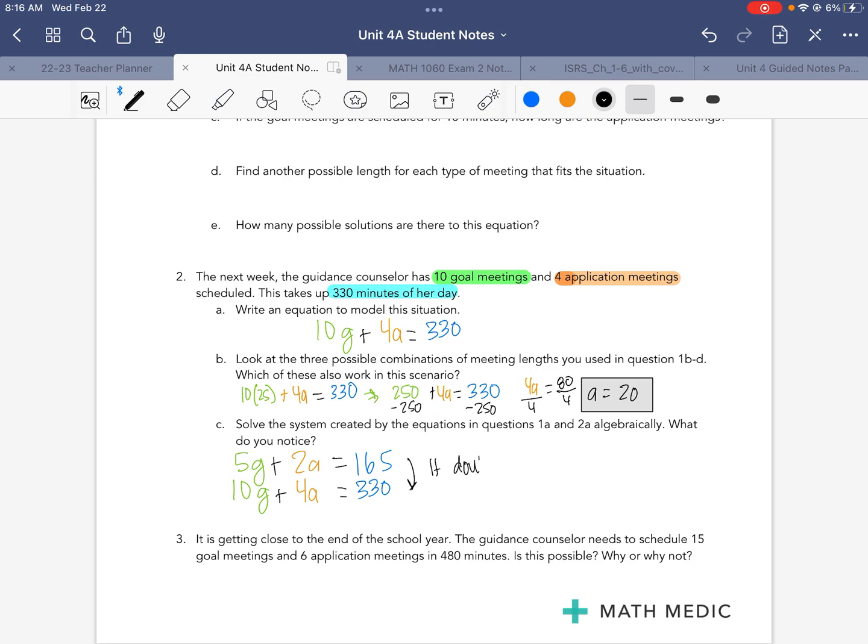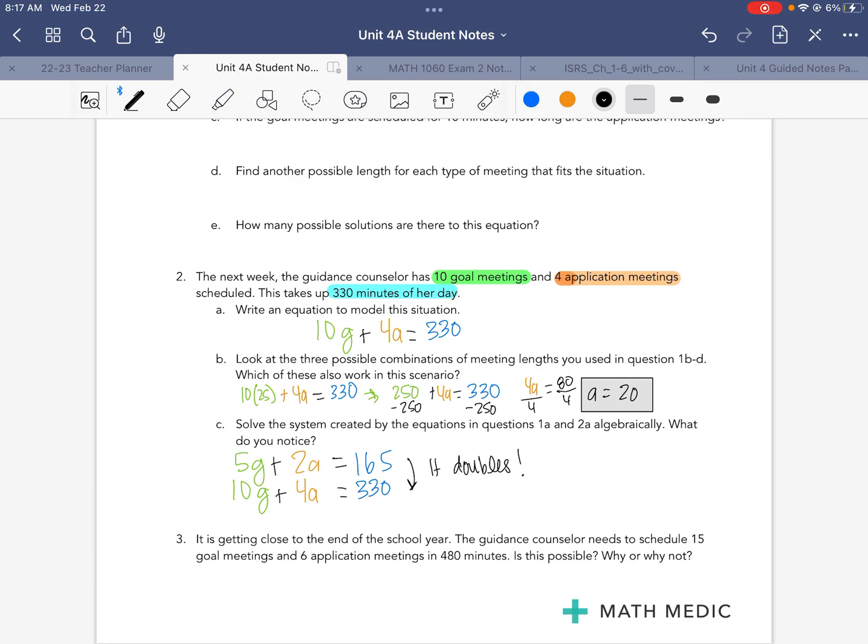So hopefully you guys were able to register. It doubles. That second equation is exactly twice as big as the first one. So if you were to try to solve these ones algebraically, you would run into problems every single time you tried to do it. Because there's kind of 2 ways.